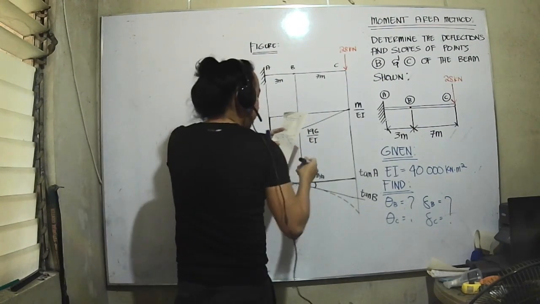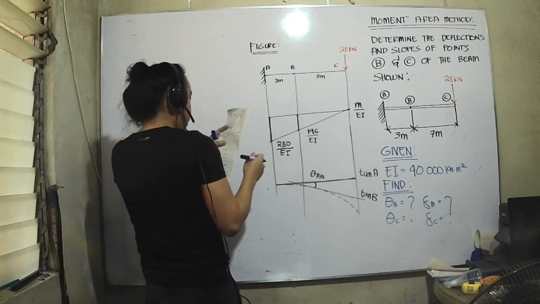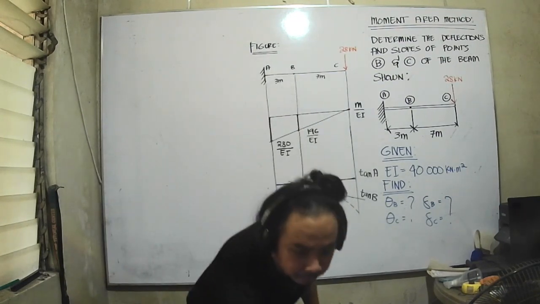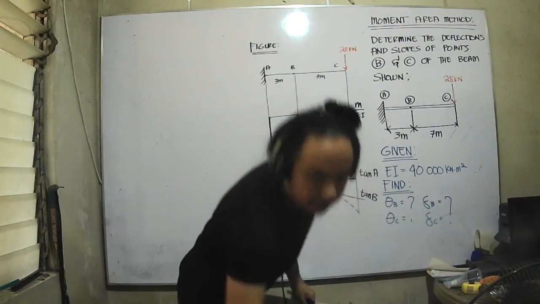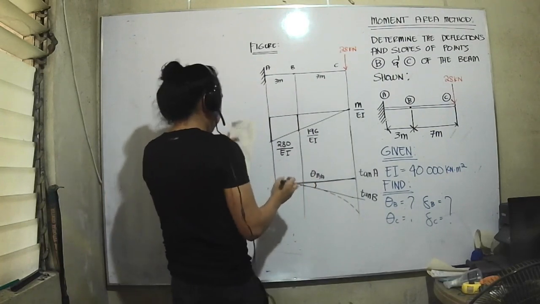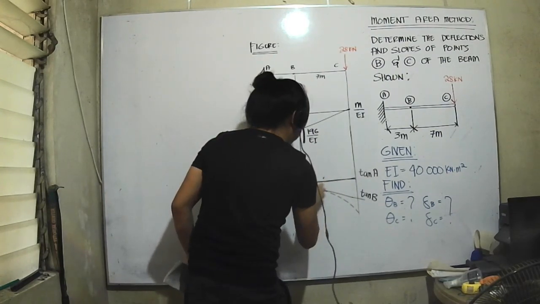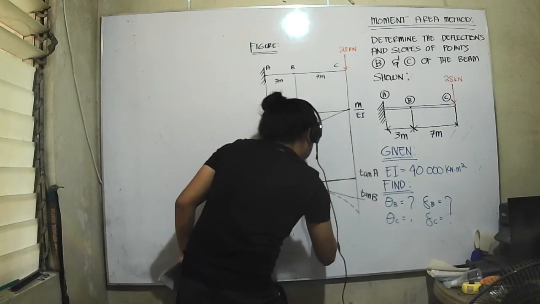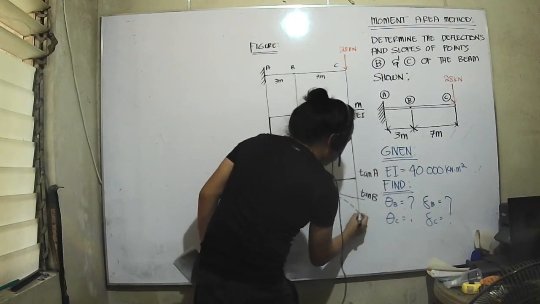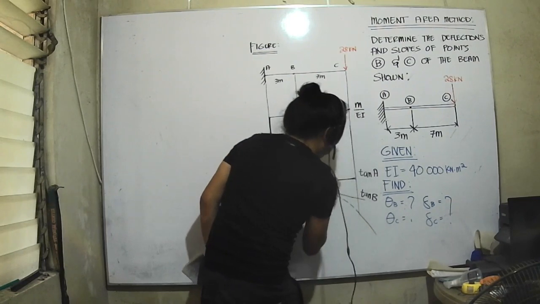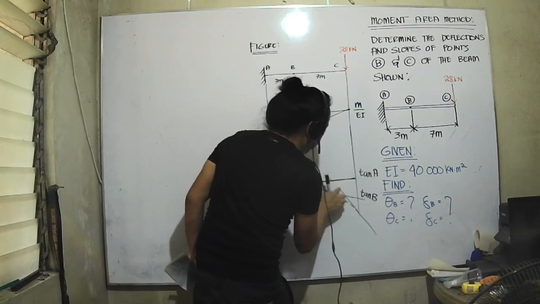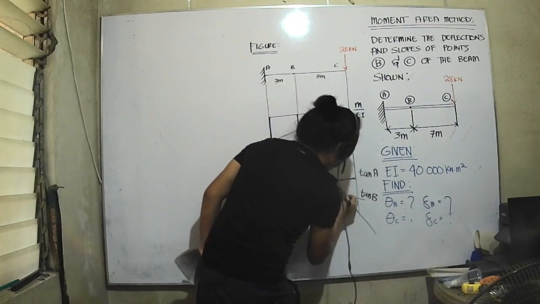And then, I'll cluster this right at BA. Although this is also a tangent line, I'll strike this through.